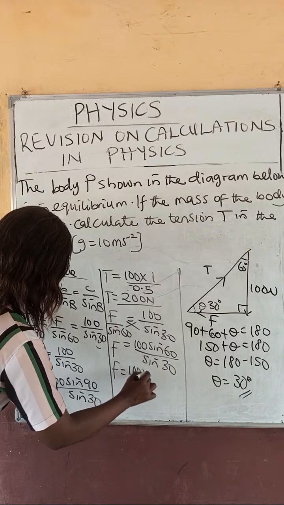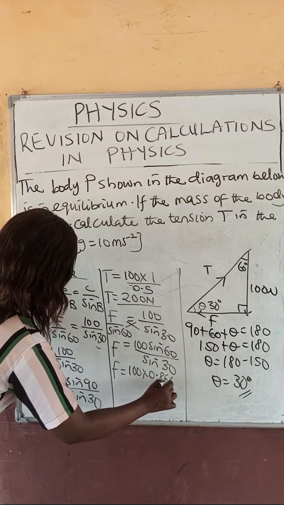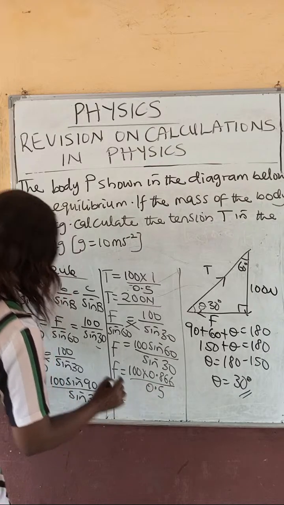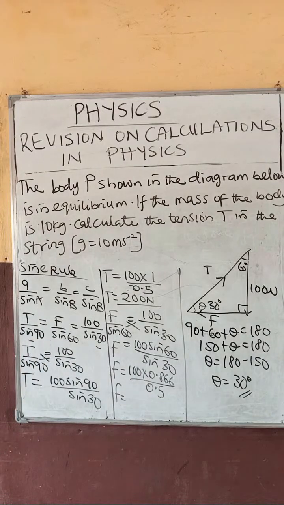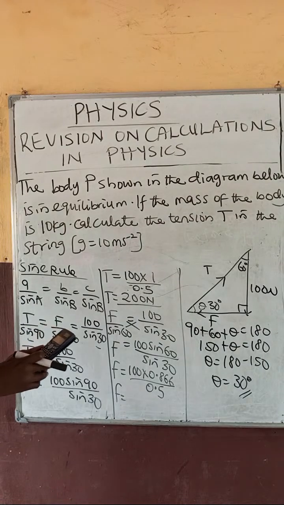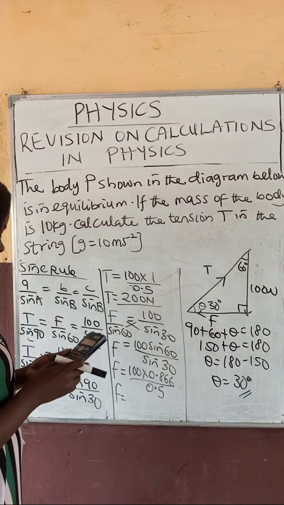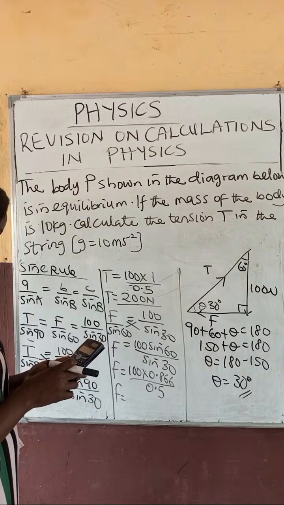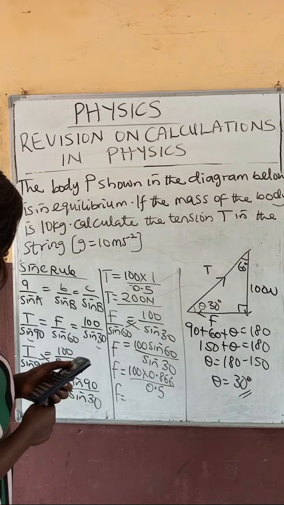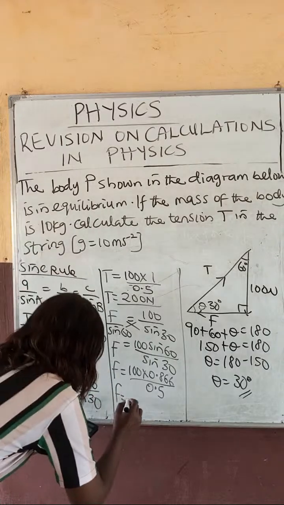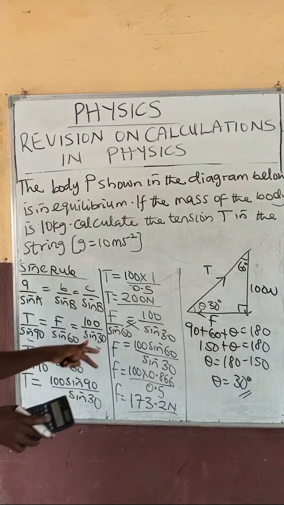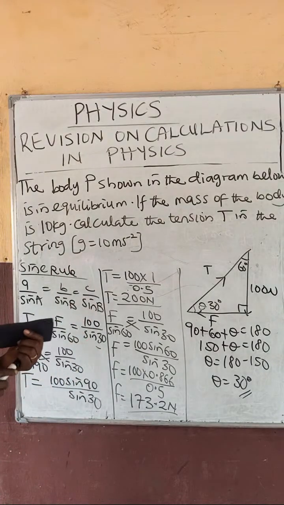So this is 100 times 0.866 divided by 0.5. This is similar to the last question that we solved. So this is 100 times 0.866 divided by 0.5. I have 173.2 Newton. Okay? So that is how we can solve this type of question.